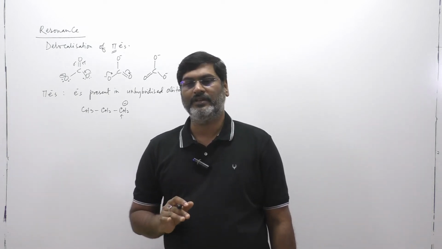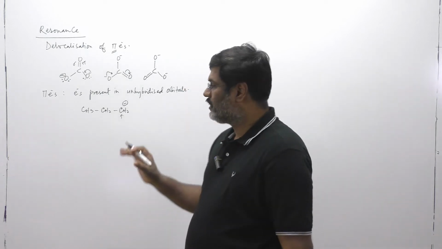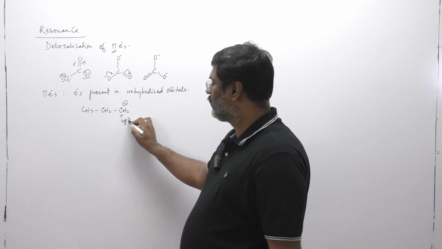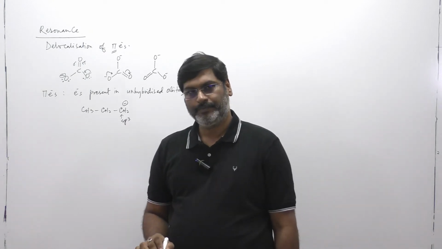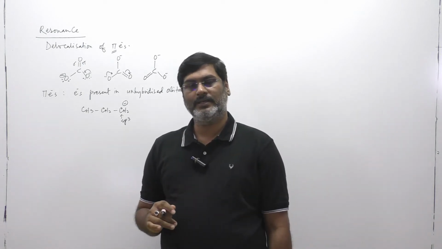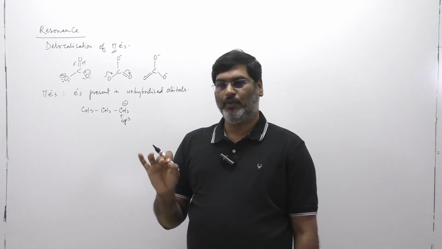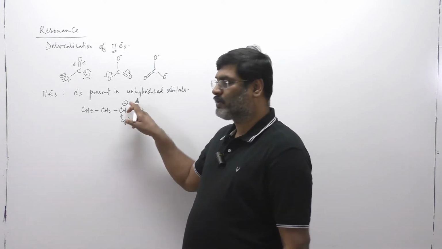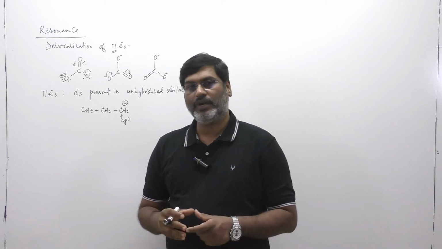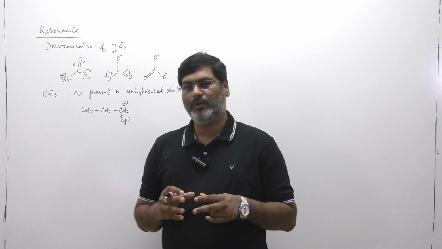You will say sp3. 3 bond pairs, 1 C-C, 2 C-H, and 1 lone pair of electrons in the form of the negative charge. So total 4 electron pairs: 3 bond pairs, 1 lone pair.